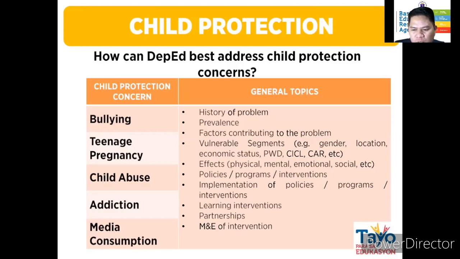For the topics to be considered in this research: the history of the problem, the prevalence, factors contributing to the problem, vulnerable segments like gender, location, economic status, the PWD or persons with disability, the CICL or the child in conflict with the law, we have the CAR and etc. You can also have topics about effects: physical, mental, emotional, social, and others.